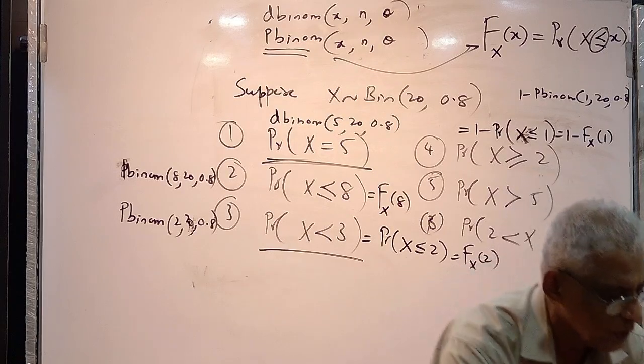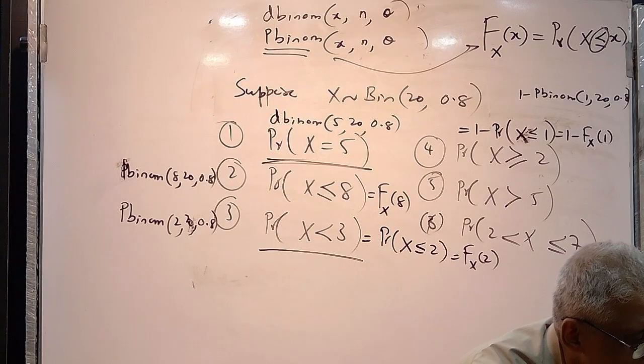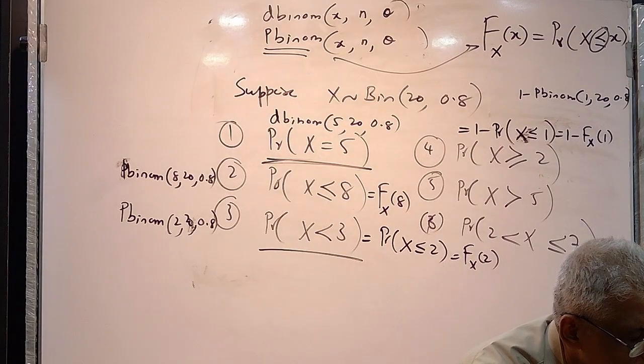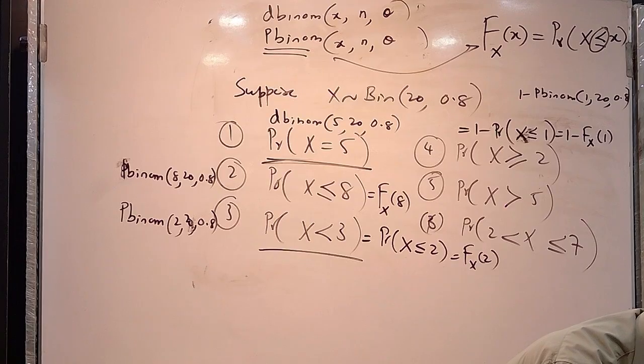But by default, it gives you left tail probabilities. Let's get the help, because I don't remember.